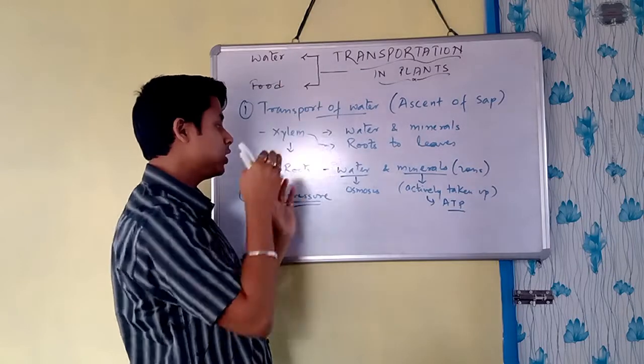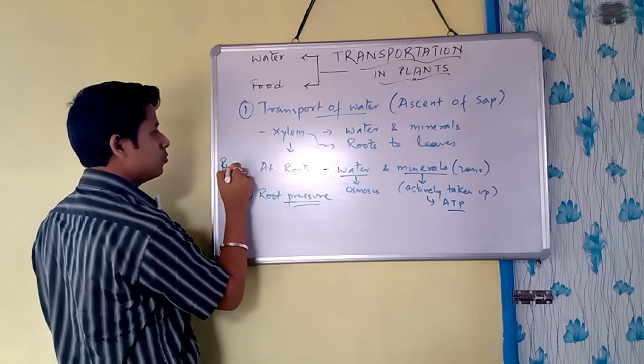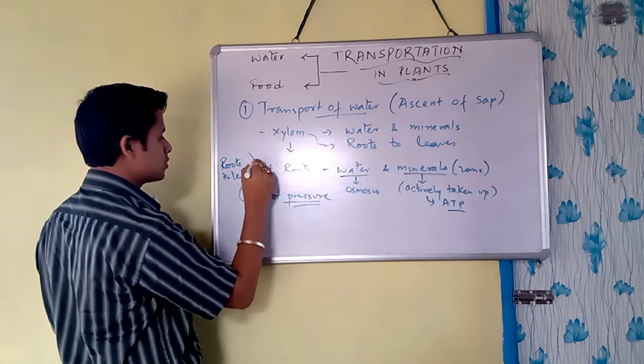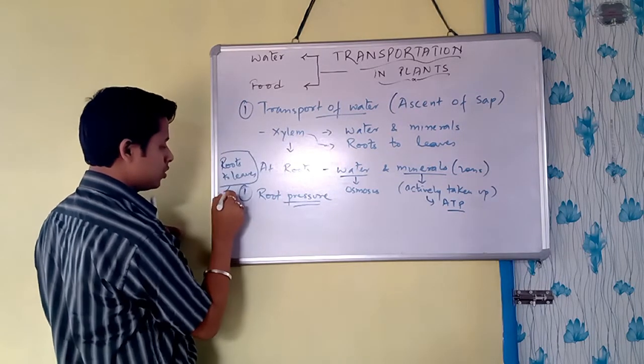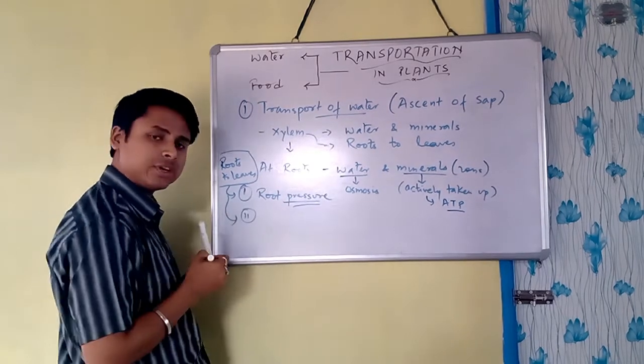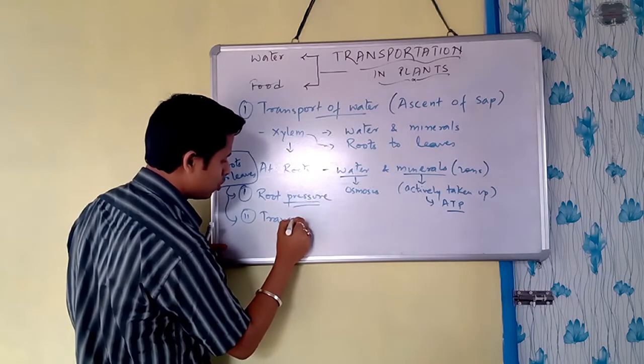That is helping in the movement of water from roots to leaves. So this is one. The other one which is happening is called transpirational pull.